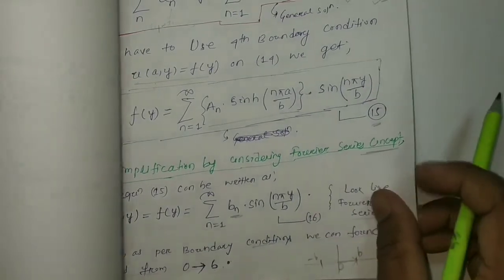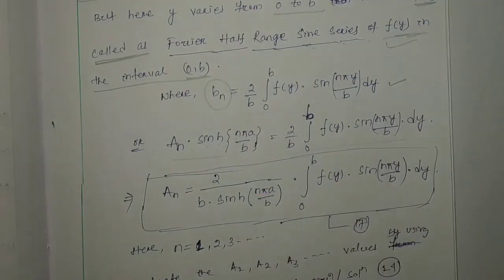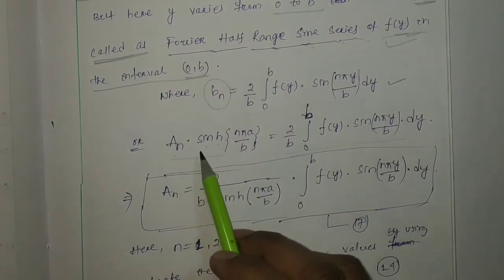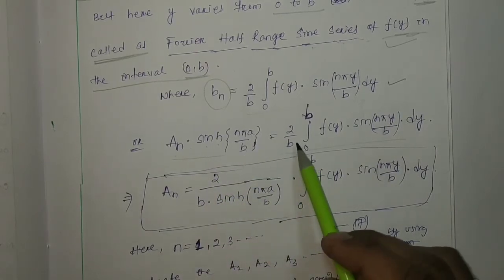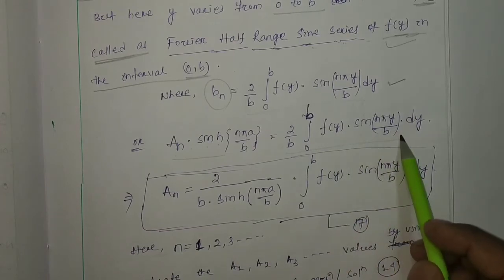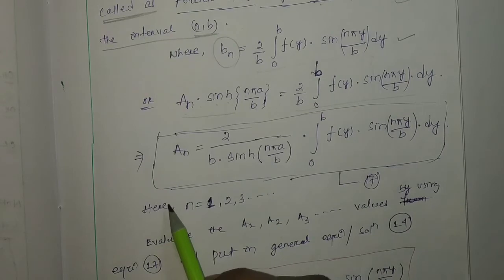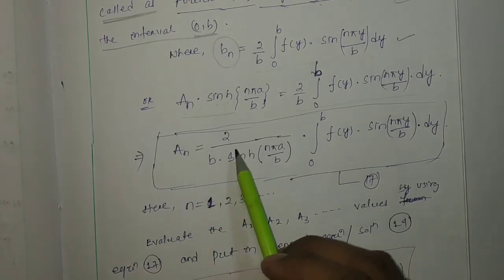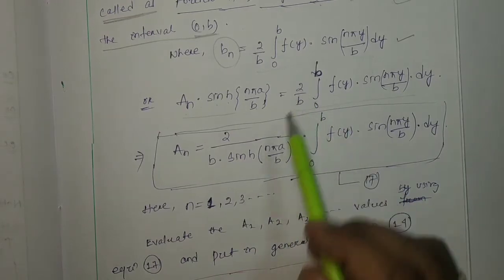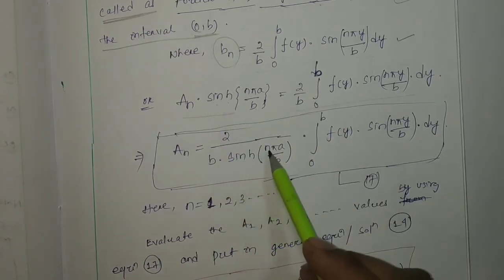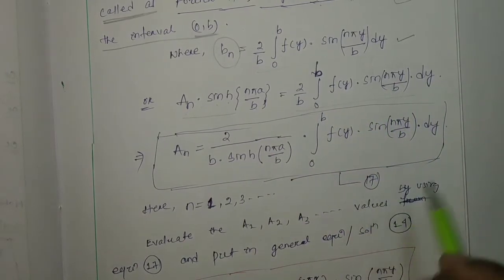So if bn is this much, obviously an into sinh(n pi a by b) will also be this much. So an will be equal to 2 by b into 1 over sinh(n pi a by b) into this integration. Let this be equation number 17.